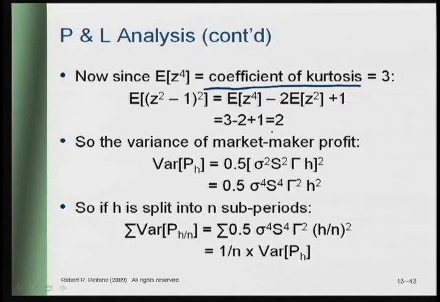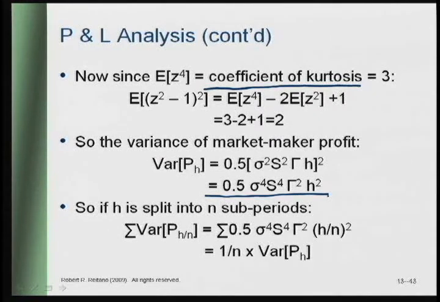And what we finally conclude when we put it back together is that if we assume that stock prices are a normal random variable times a standard deviation, then in fact the variance of the market maker's profit and loss is proportional to H squared.